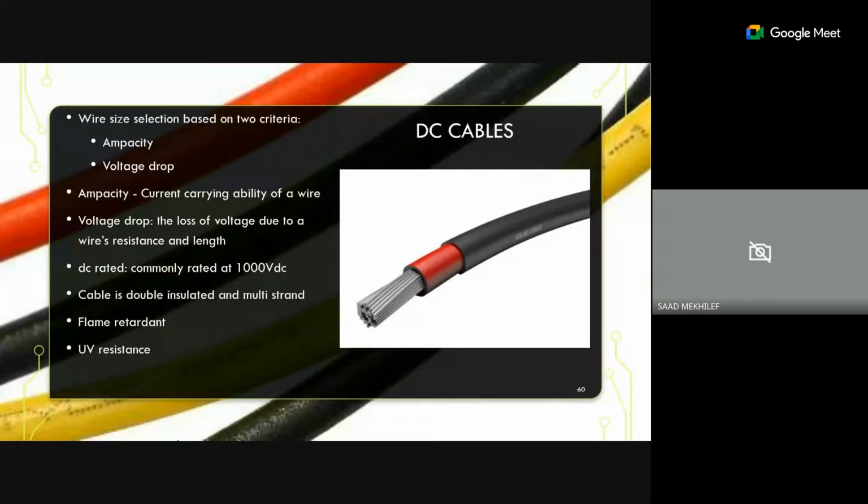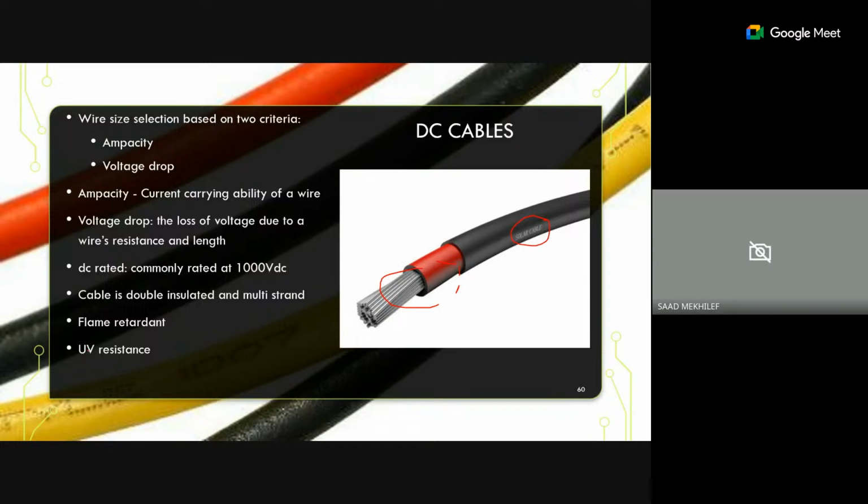And then we have the AC side, where you use AC cables. Wire sizing selection is very important, because if you use the wrong wires, you have losses inside these wires. So make sure in the design you use these cables. You can see here, it's written solar cables. These are DC cables, so they are differently designed.